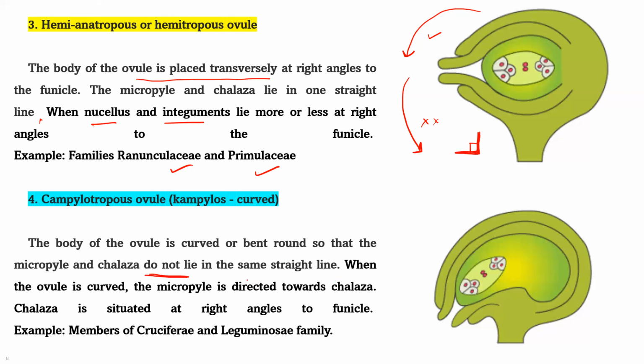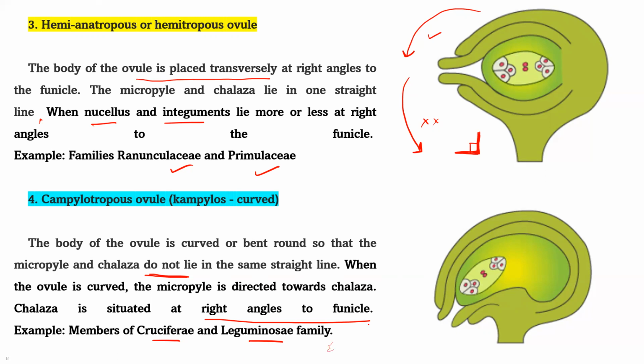When the ovule is curved, the micropyle is directed towards the chalaza. Chalaza is situated at an angle of 90 degrees, or right angles, to the funicle. This is found in members of Cruciferae and Leguminosae. Okay, this is the campylotropous ovule.